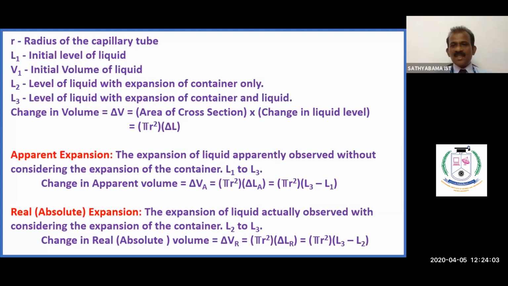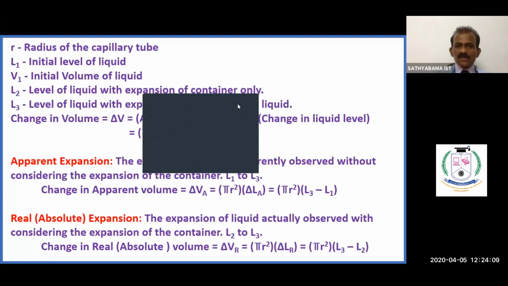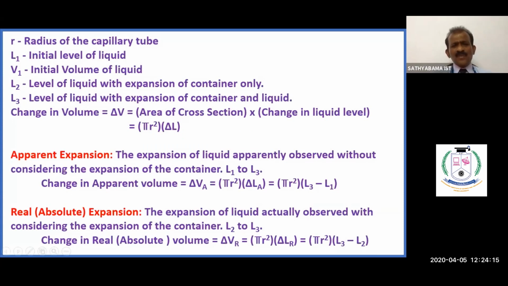And change in length of that liquid level is del L. So here we have two types of expansion. One is apparent, and one is real or absolute. Reason is, initially we get the expansion of the solid only, then the liquid. Therefore, we have two types of expansion.